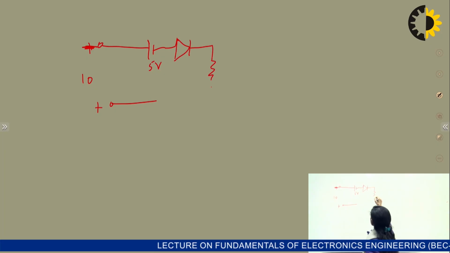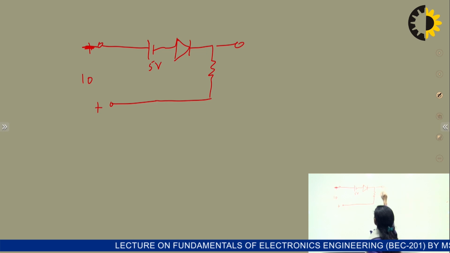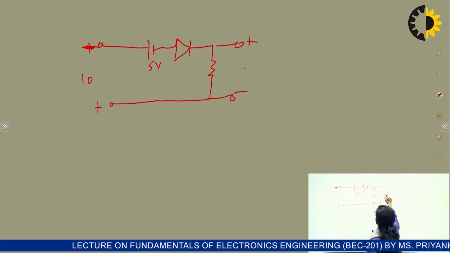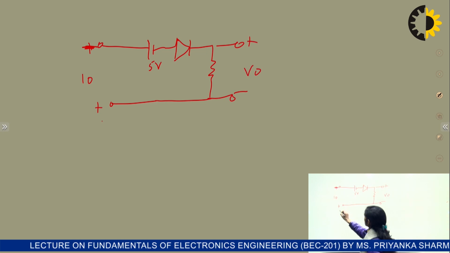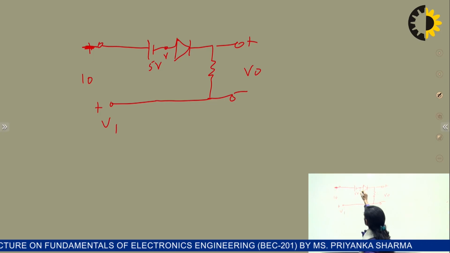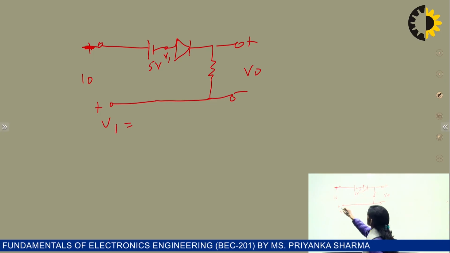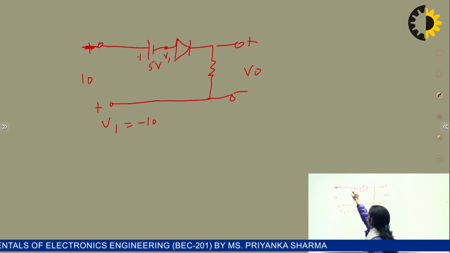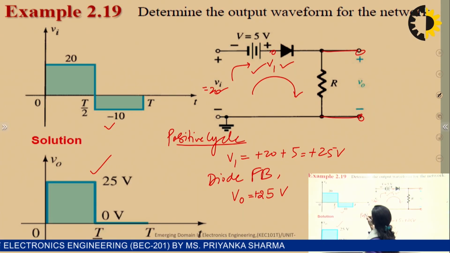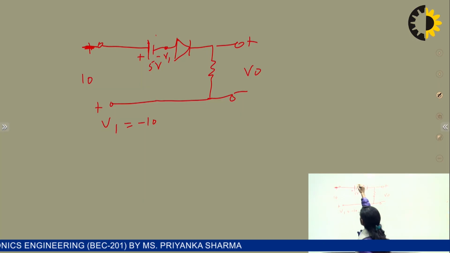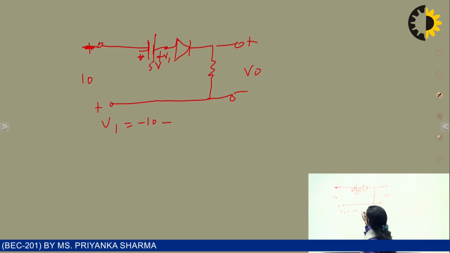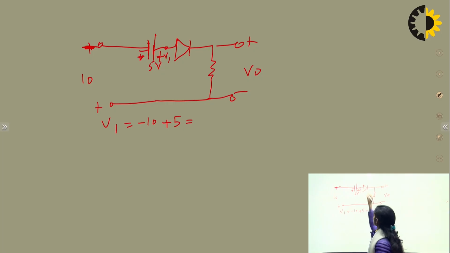So if we want to find the output here, then we again have to calculate V1 before the diode. V1 will be equal to minus 10, then this battery is negative, minus plus, so this will be plus 5. So the voltage before the diode is minus 5 volt.